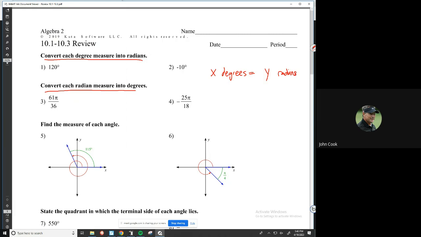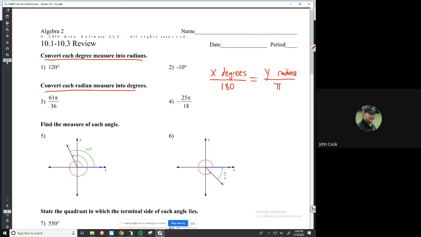If you take the number of degrees that you have, x, and divide that by 180, it's going to be equal to the number of radians over pi every single time, 100% of the time. So you can just set up a proportion using this one conversion, and you can solve every one of them.